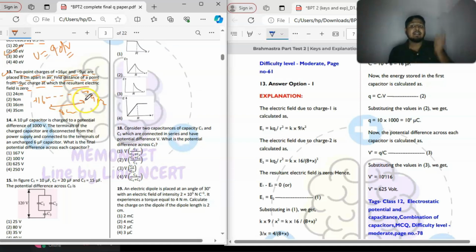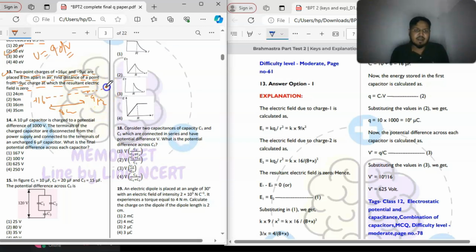So the electric field will be 0 near the charge which has the smaller magnitude. So the point at which the electric field is 0 is near the smaller charge, that is the minus 9 microcoulomb.